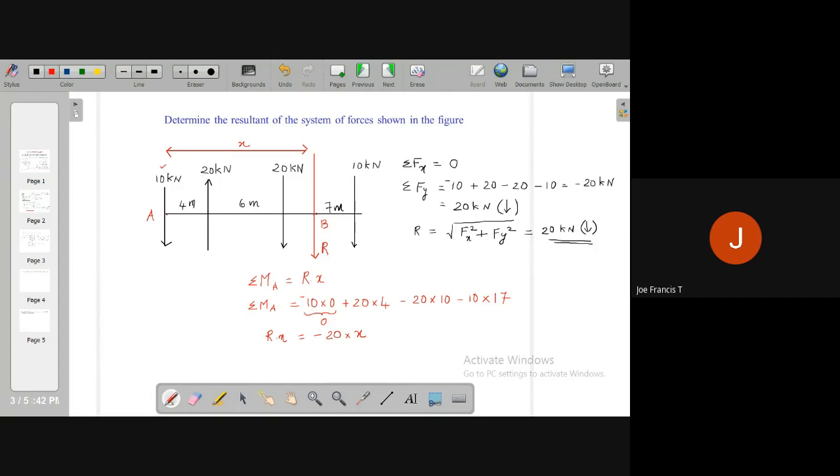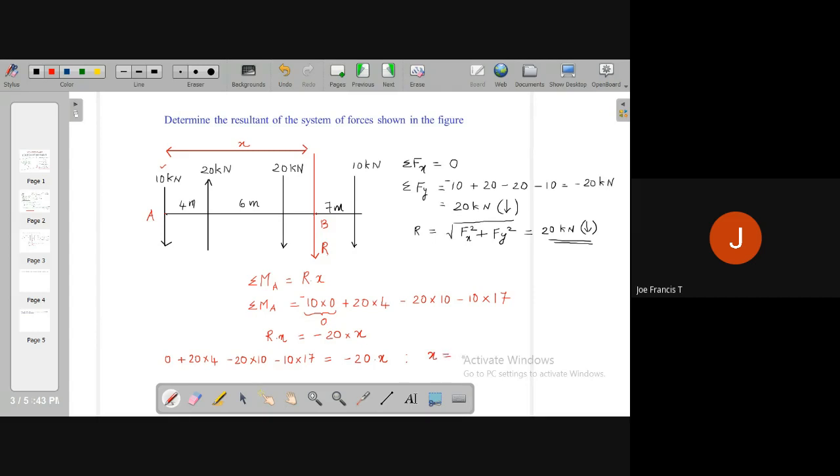If we equate these two, we find that 0 plus 20 into 4 minus 20 into 10 minus 10 into 17 is equal to minus 20 into X.